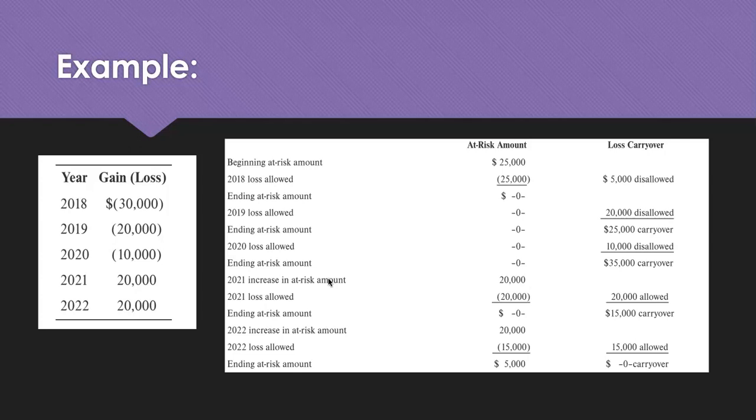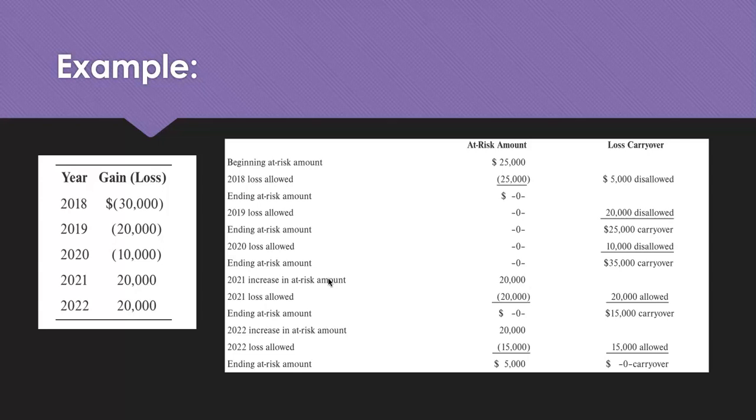So you can see because she had an initial loss of $30,000 and then she had the at-risk amount of $25,000 in the positive, she was allowed to carry over that $5,000 of disallowed loss. The next year, she ended with another loss of $20,000, so she was able to add that to the $5,000 and then carry over $25,000 into the next year, where she had another loss of $10,000, so her carryover became $35,000.